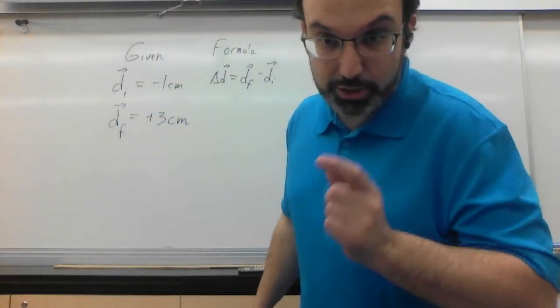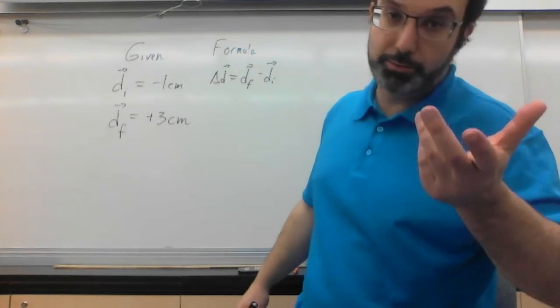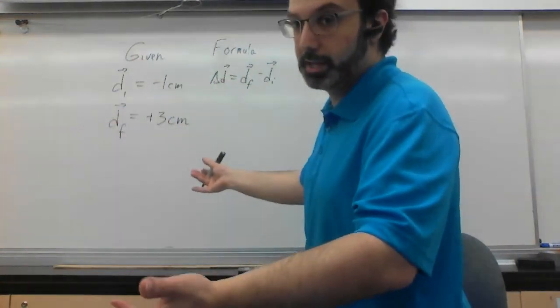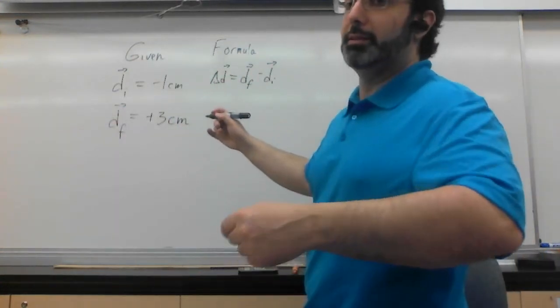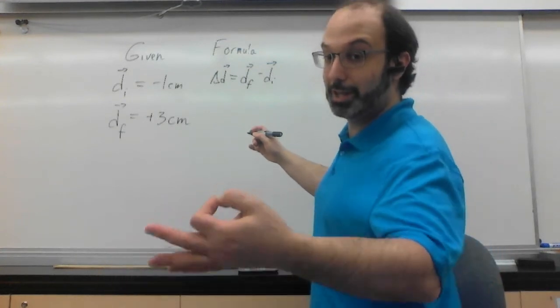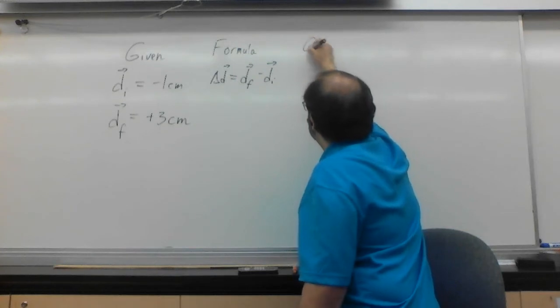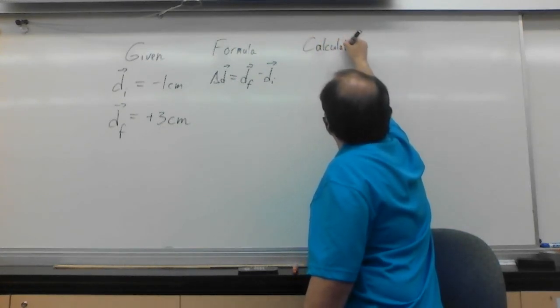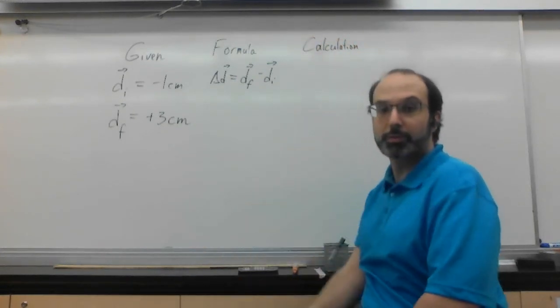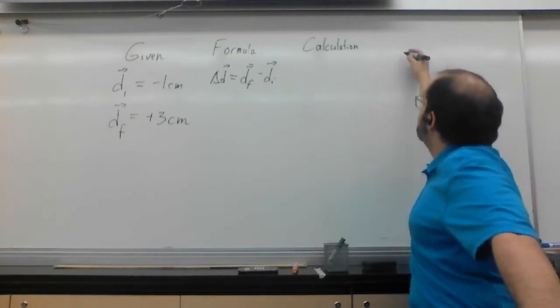After we've got that, we're then going to do the calculation. So we put the numbers in the formula. And some people are going to look at this and go, why can't I do all that at the start? And again, the answer is it helps you to keep organized. So we've got ourselves formula, then we're going to do calculation. And then finally, we're going to have the answer.